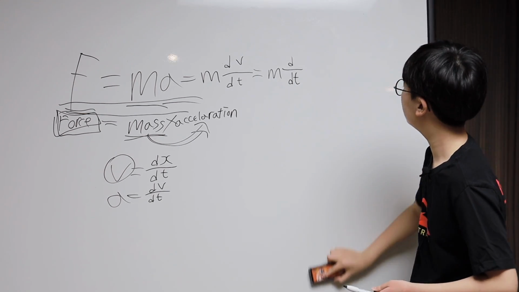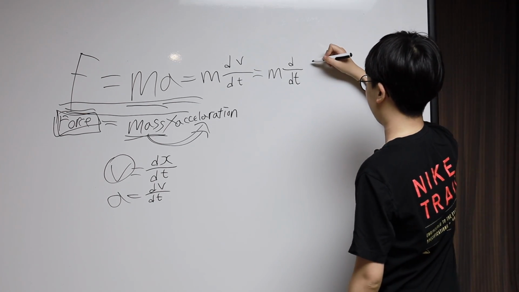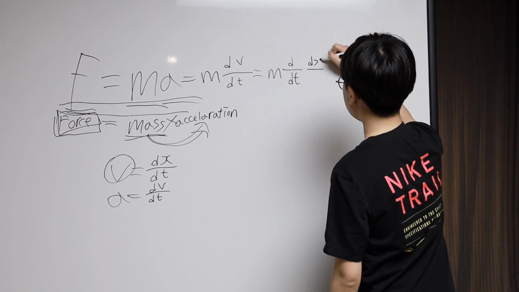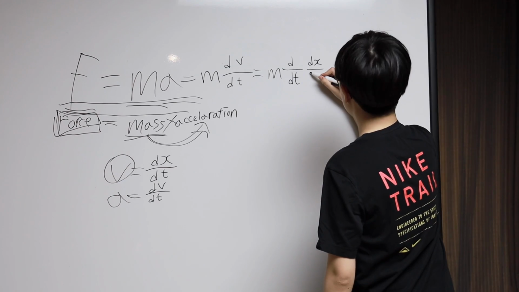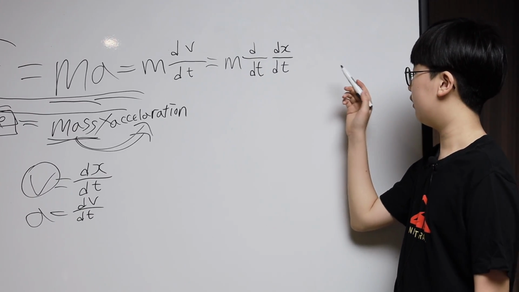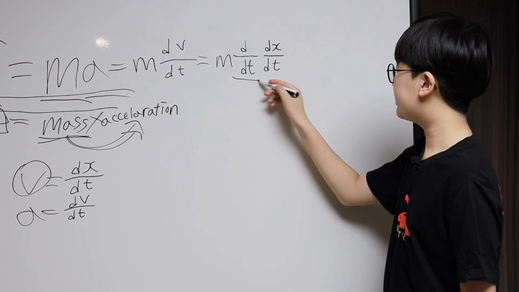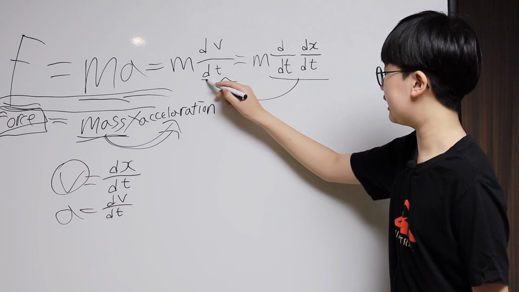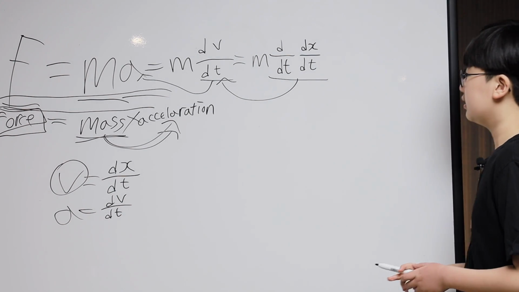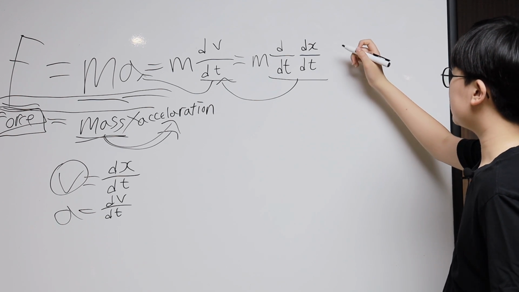The d is basically multiplied to dx over dt, the difference of distance over the difference of time. So this still is this, which is this. This still means acceleration.